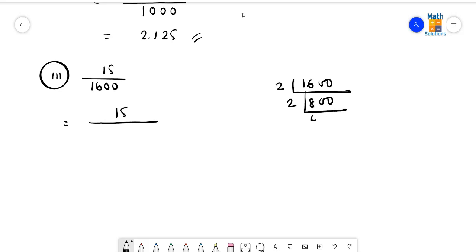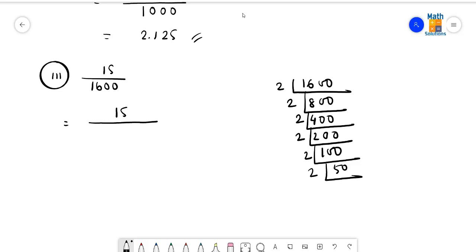By 2 again I am getting here 400, again by 2 I get here 200, again by 2 it is 100, again by 2 it is 50, then by 2 I get here 25, then 5, then 5. So in total how many 2's do we get? 1, 2, 3, 4, 5, 6. 6 twos, so 2 to the power 6 and 5 square.